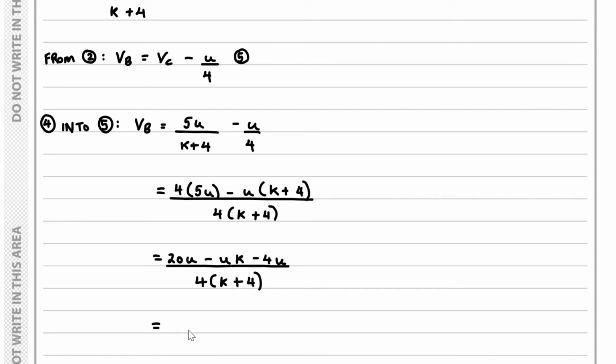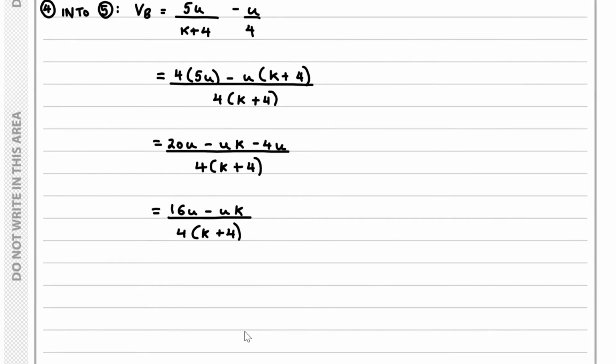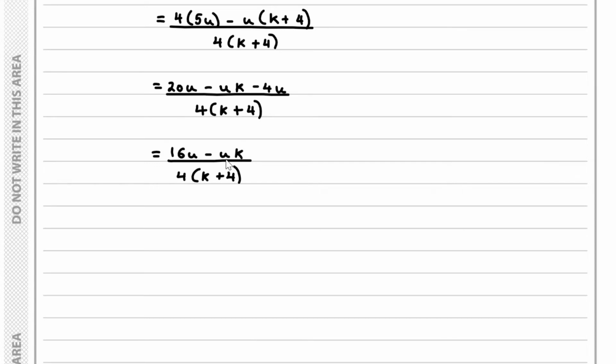So here 20u minus 4u, that's 16u. Then we subtract off u lots of k. So therefore, if we factorize out a u on the top, we can conclude that vB is equal to u lots of 16 minus k over 4 lots of k plus 4. We'll call this equation number 6.